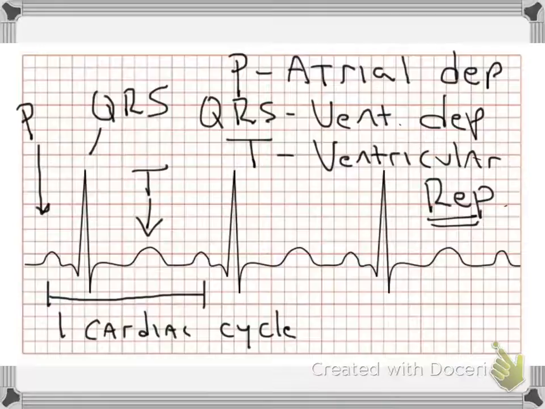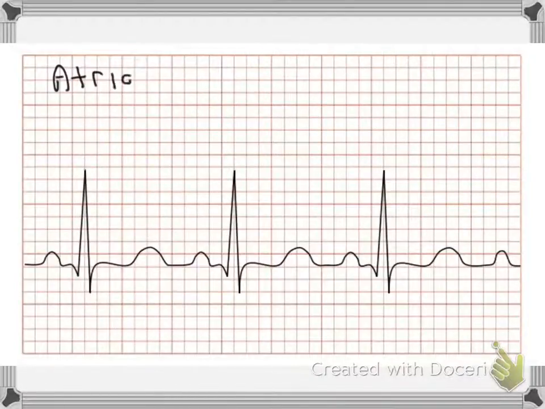Now I want you to keep the electrical activity separate from the function of the heart or the contraction. The electrocardiogram refers to the electrical activity. That's what it measures. But we can infer what's happening functionally, and I have that labeled in this panel.